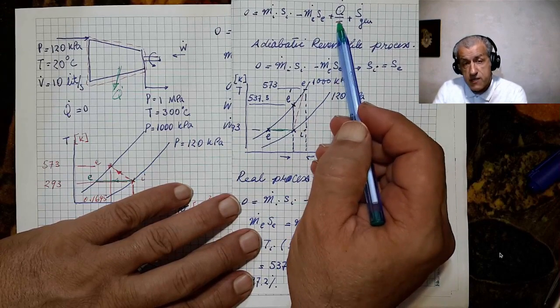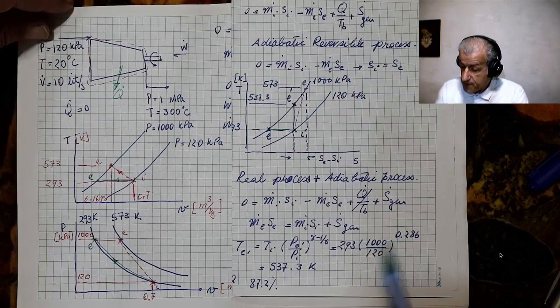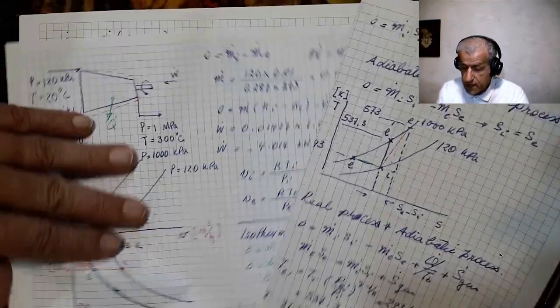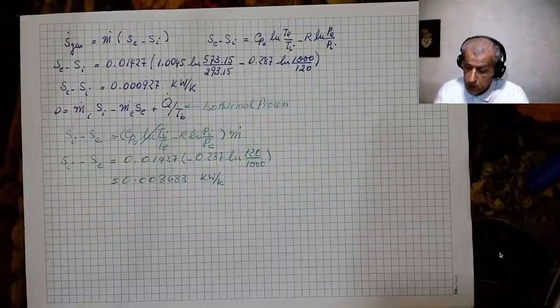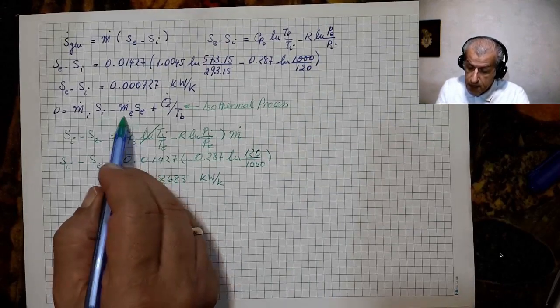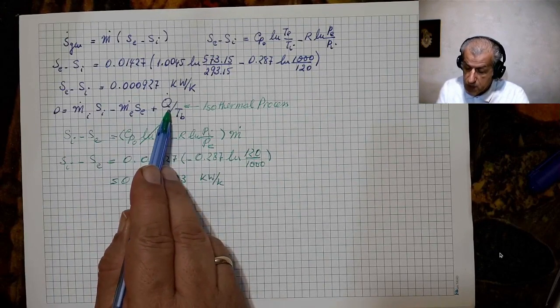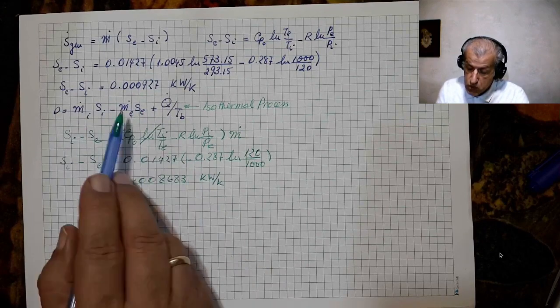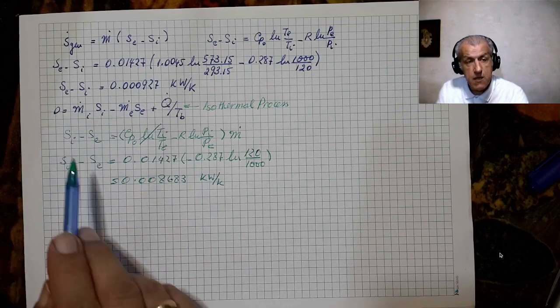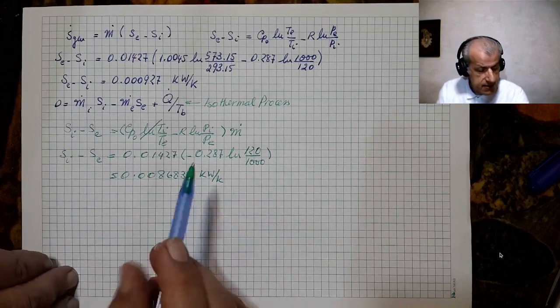This one could be positive or negative. If we write down this equation, this is positive and this one is negative, so this should go to the other side and both be negative.